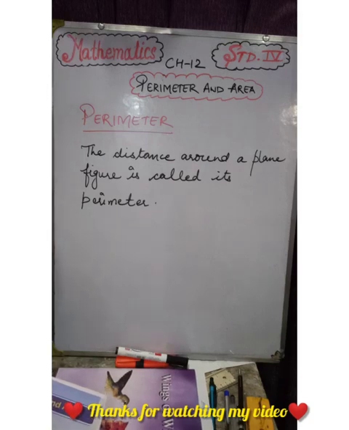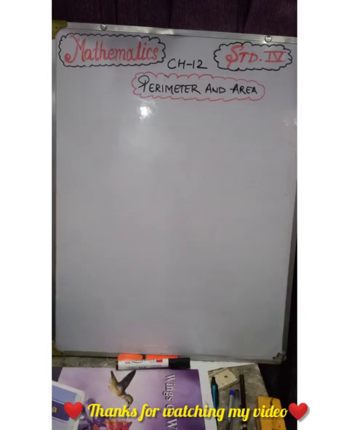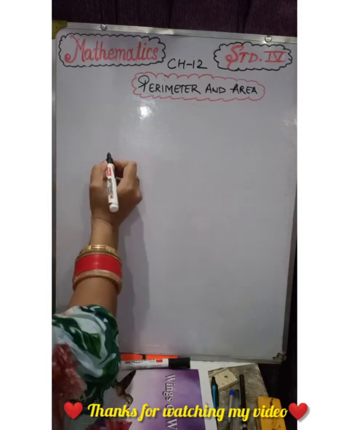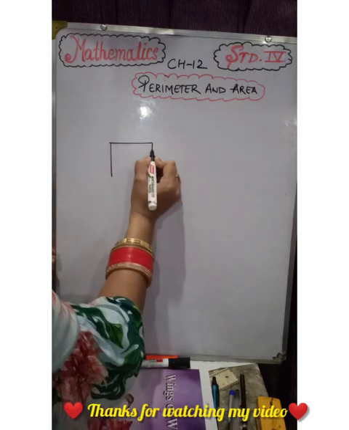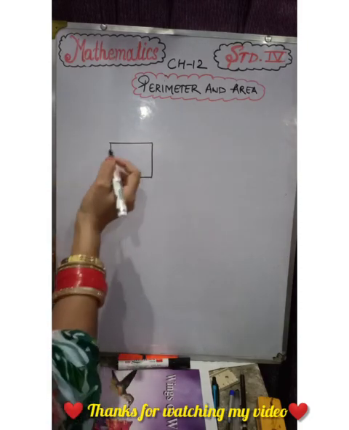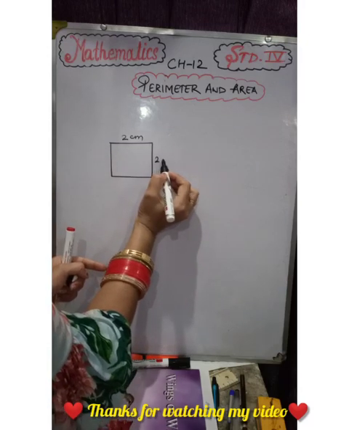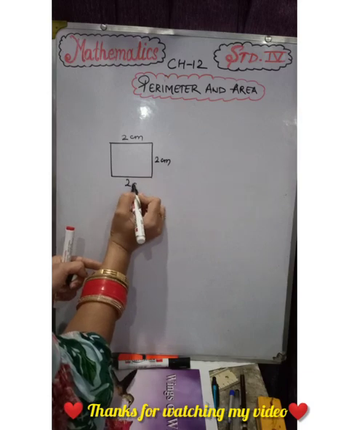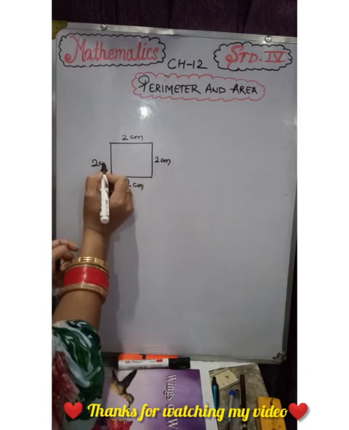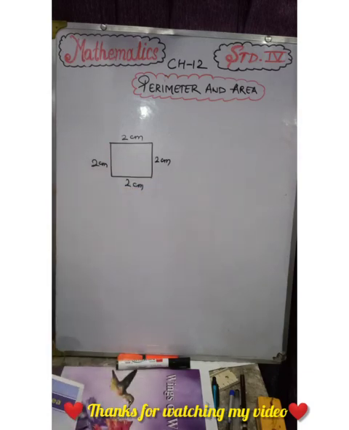So what is the formula to calculate the perimeter? Let's discuss that. Suppose we need to calculate the perimeter of this figure, measurements are given. Suppose this square is equal on all the sides, so we have a formula for the perimeter of a square.